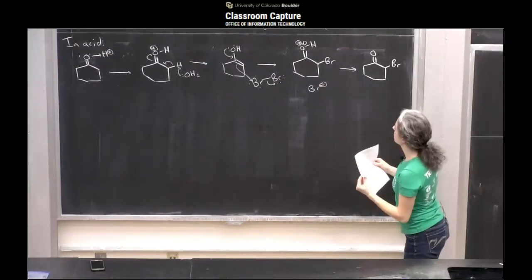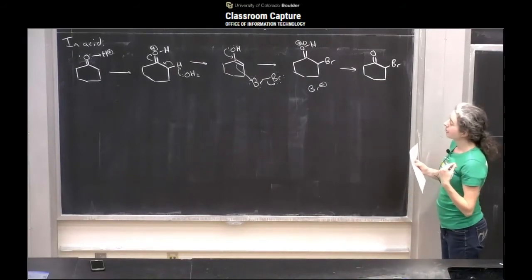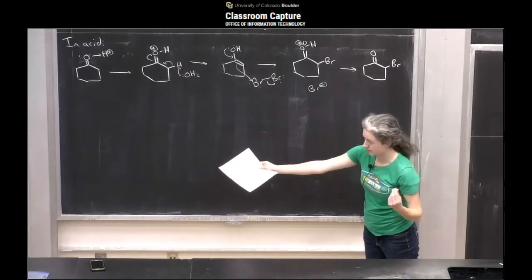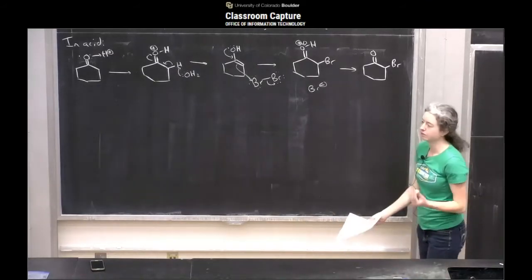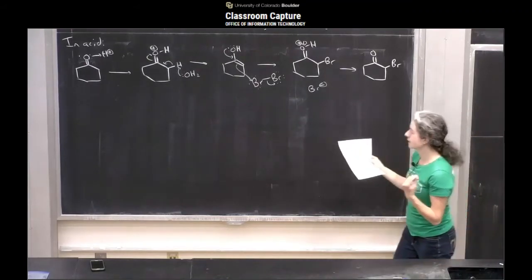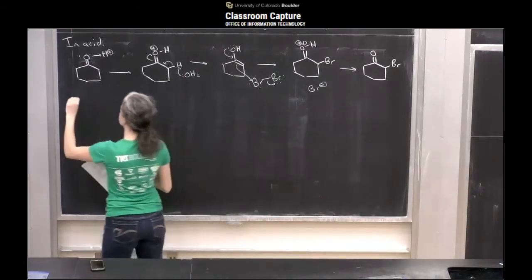All right, so we could go through this a second time, because we know we can replace all of the alpha hydrogens in the molecule with deuterium, for example. So what if we try doing this a second time for halogens?